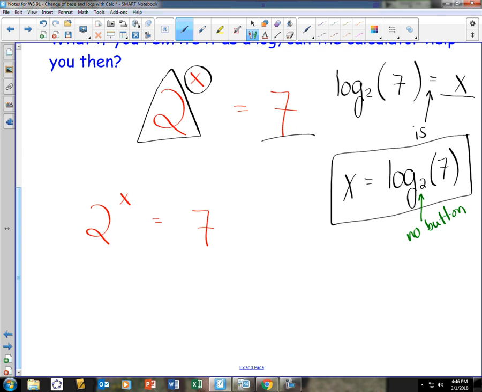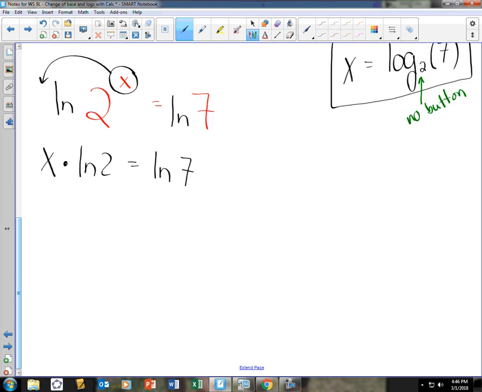Now we can use our log properties and we can say, oh look, this exponent can now come out front. So I've got x multiplied by natural log of 2 and it equals natural log of 7. And if I want to solve for x, I'm going to divide by the natural log of 2. And so I get that x is equal to the natural log of 7 divided by the natural log of 2.